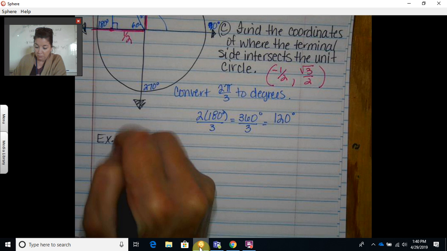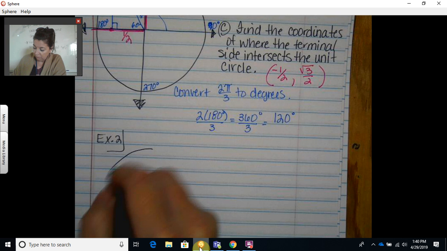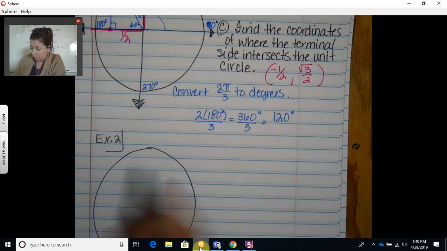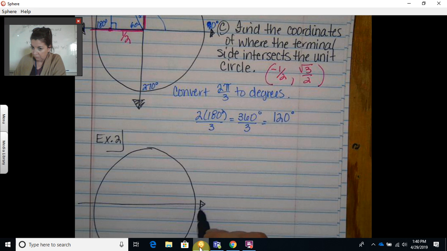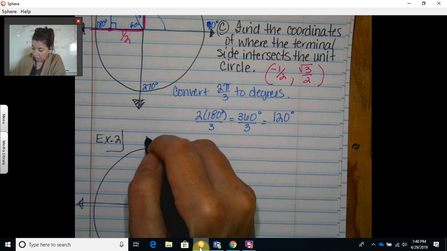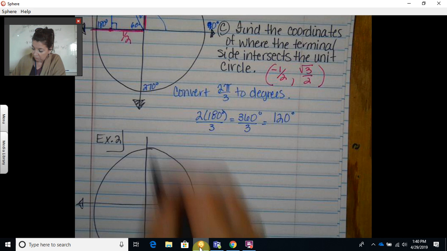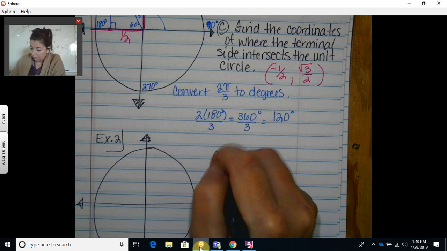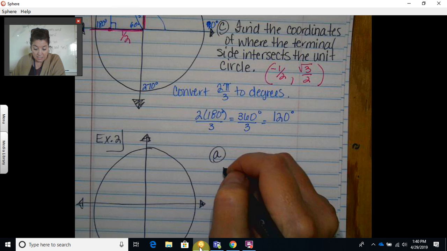So we're going to do one more example just like that. Draw a unit circle. And this time we're going to evaluate sine and cosine of 7 pi over 6.